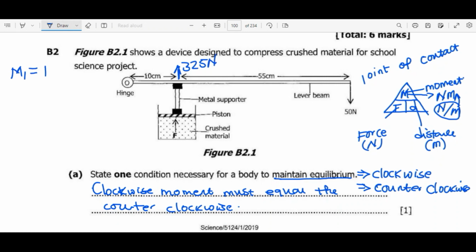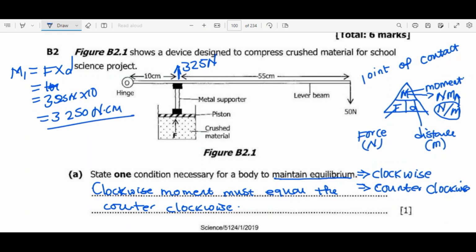So moment 1 is equal to force times distance. Okay, let me begin with the force. So the force is 325 newtons times the distance is 10. So this is 3,250 Newton centimeters. So let's not worry about centimeters.